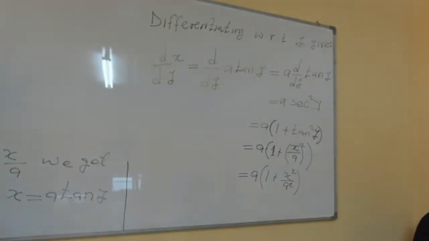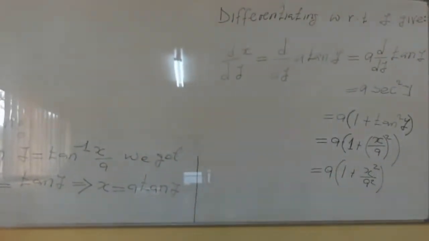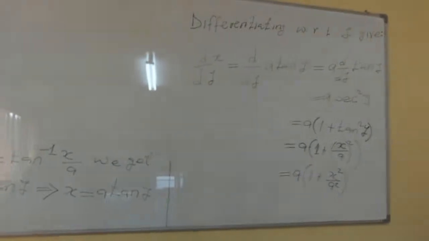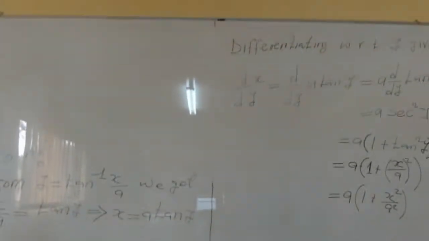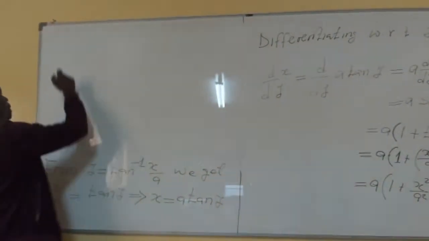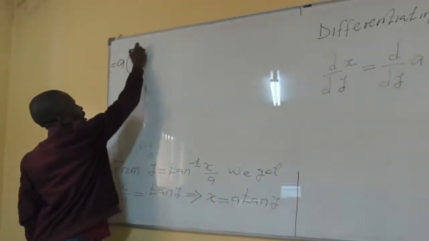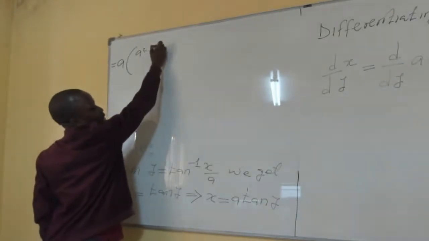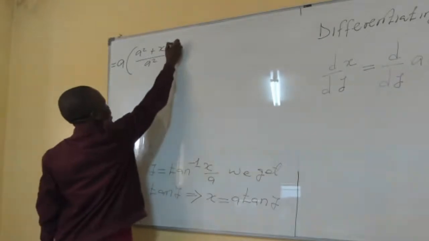Then, what does that mean? This is equal to a. If we do the simplification, it will be a squared plus x squared over a squared.